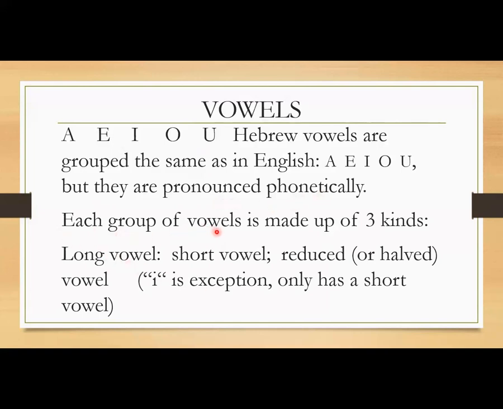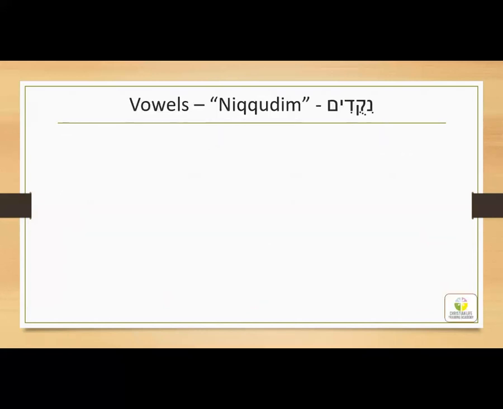Each group of vowels is made up of three kinds: a long vowel, a short vowel, and a reduced or halved vowel. I is the exception. It only has a short vowel. It's got the chirik yud and the chirik, which is the little dot.